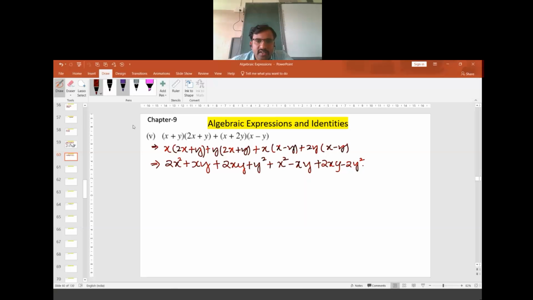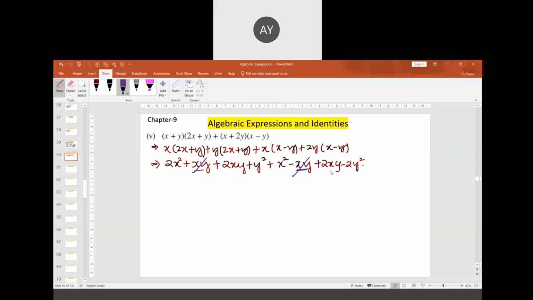Now we have to look for the like terms. Here xy and minus xy, they are having opposite sign. They get cancelled. 2xy and 2xy, they are having the same sign, they should be added up, 4xy. Then we have y square and minus 2y square.